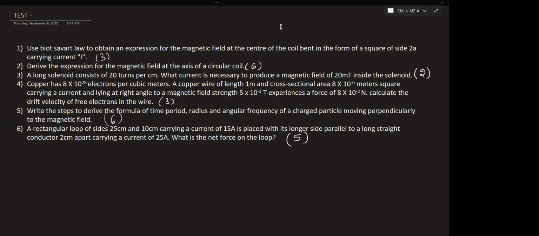Ma'am, can you copy the fourth question in the chat box because the screen went blur for me. Screen is blur for you all? Ma'am, I don't know about others, but for me it went blur. Okay, before that, others tell me, are you able to see the screen, all the questions? Yes, ma'am. Okay, then I think Anushka, it must be your internet. Yes, I'll copy it, ma'am. Thank you, ma'am.